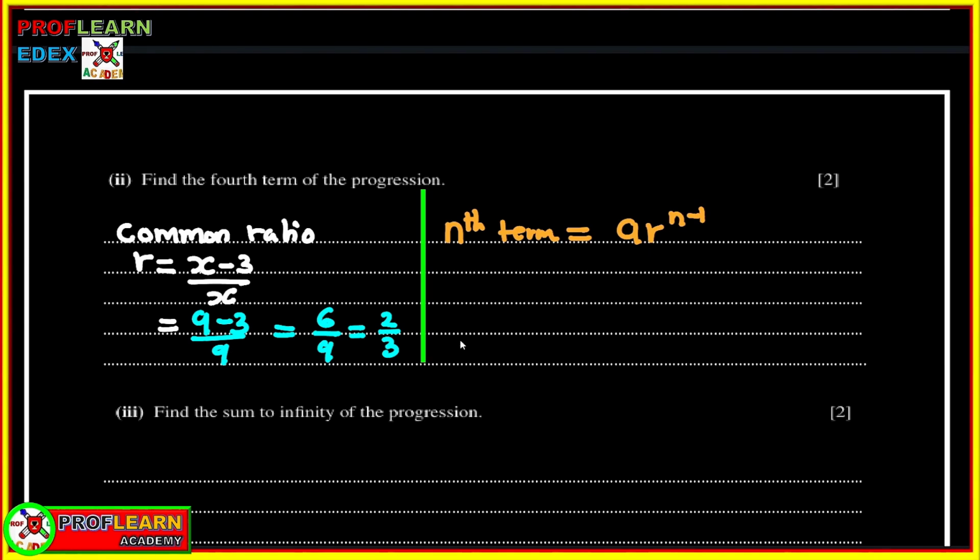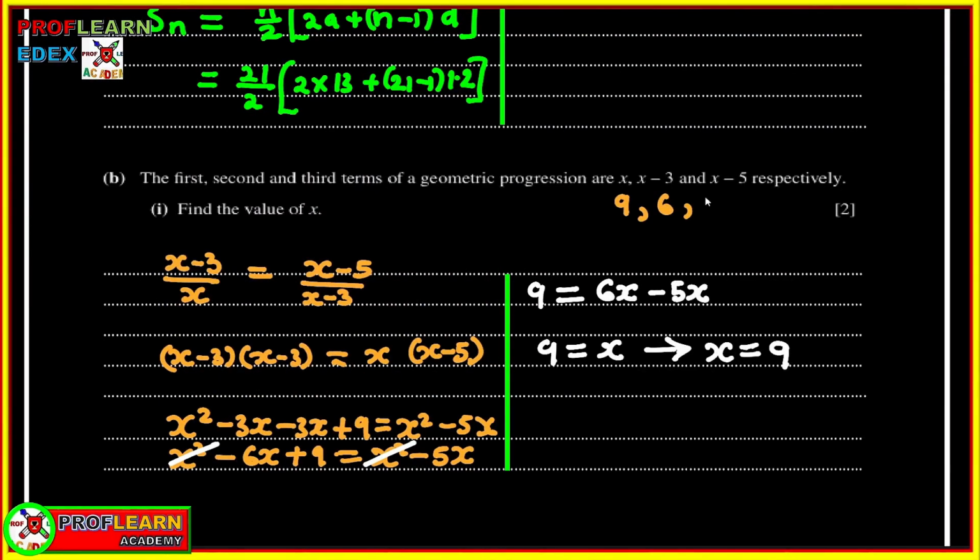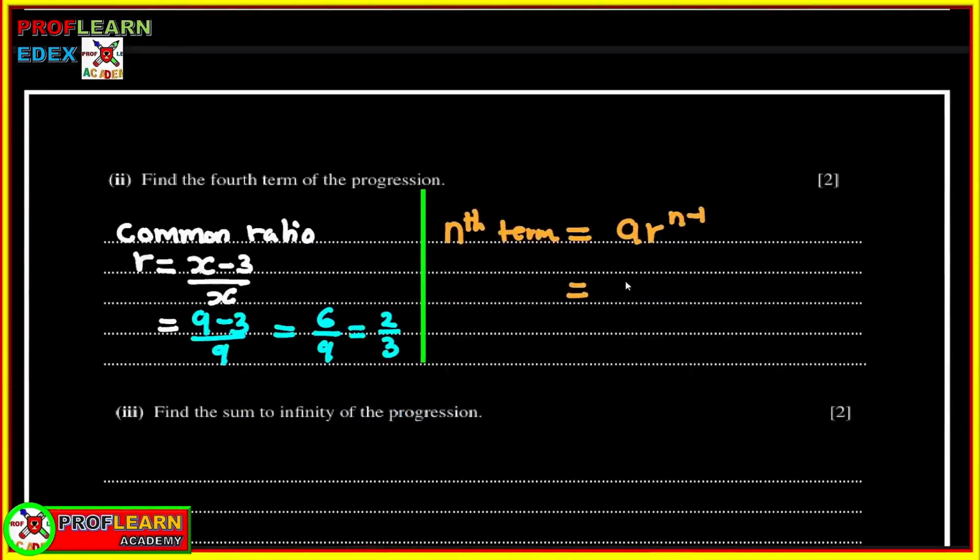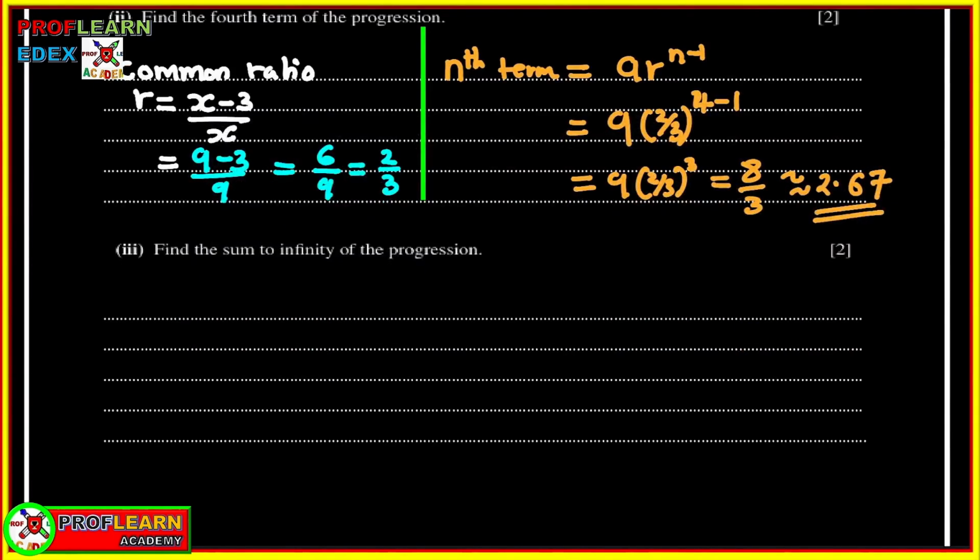Substituting, a is the first term, which is 9, and the common ratio is 2 over 3 raised to power 4 minus 1, and that is going to translate to... working this out, we're going to get 8 over 3, which we can write as 2.67.